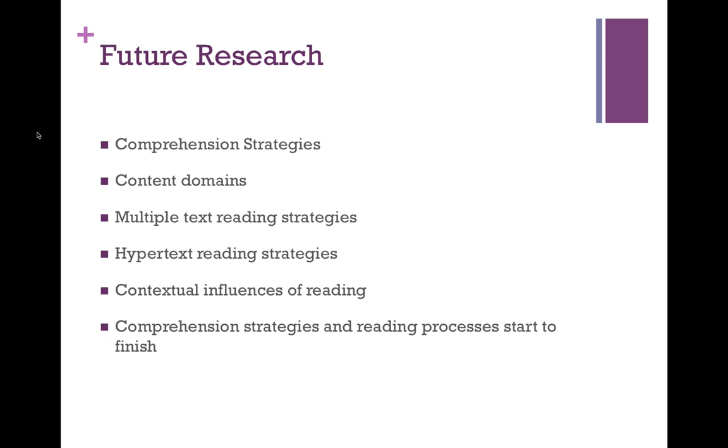Multiple text: when readers are reading from lots of sources, how they're shaping their comprehension with strategies. And with hypertext, the internet that we just talked about. But we can also find more contextual influences of reading by doing more research about comprehension strategies.